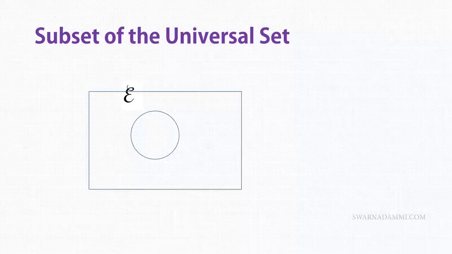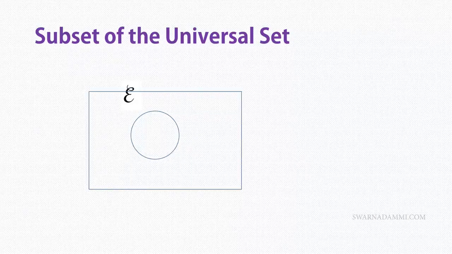In Venn diagrams, the universal set is represented by a rectangular region. You can see here the rectangular region and the symbol for the universal set.